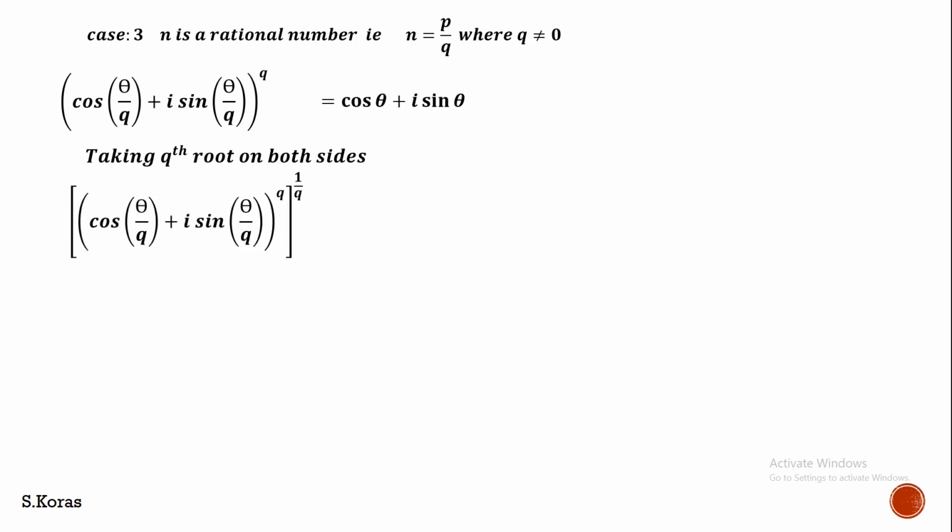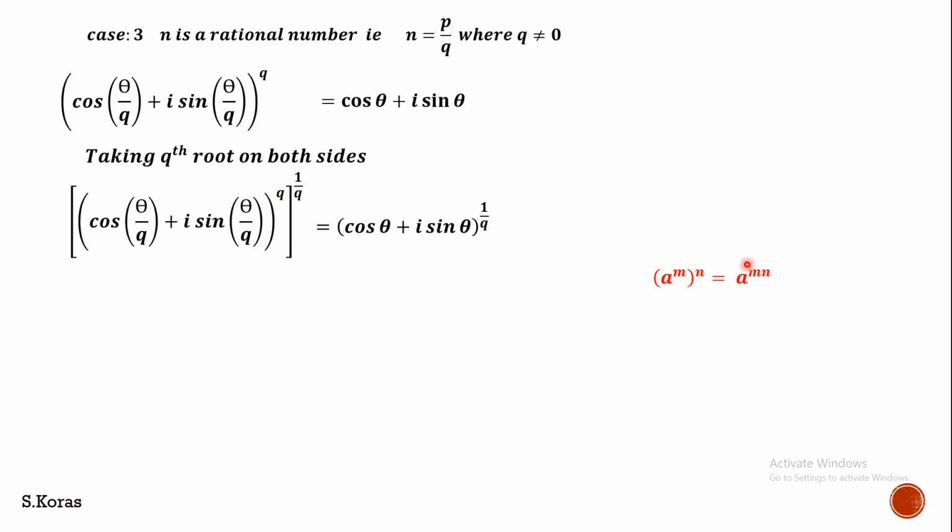You know, there is a formula: a power m the whole power n is equal to a power m into n. According to this formula, let us apply it here. It is in the form a power m the whole power n.